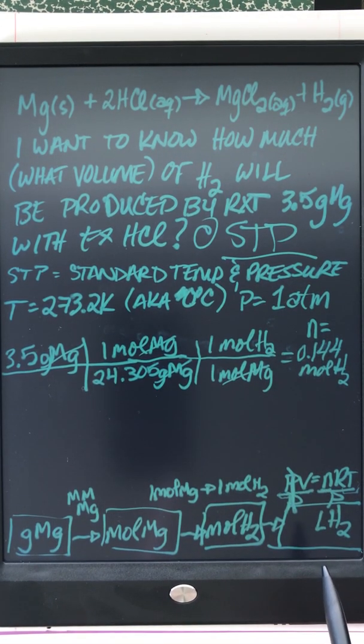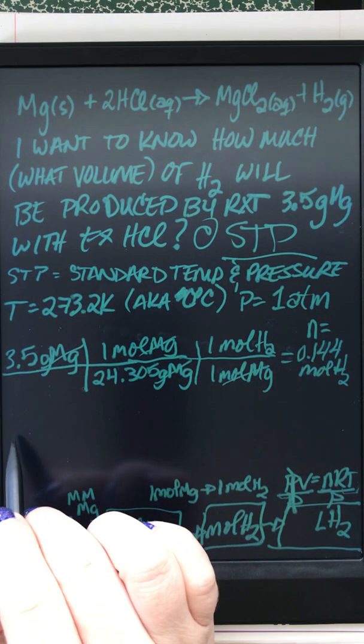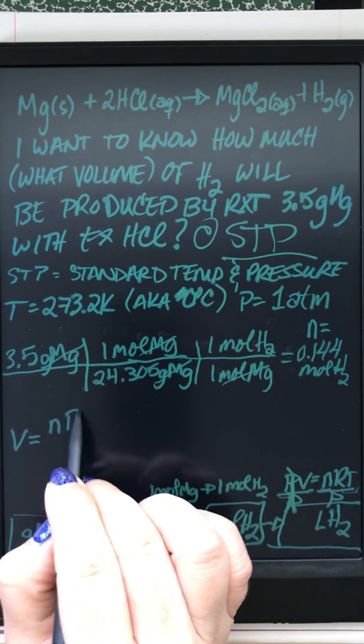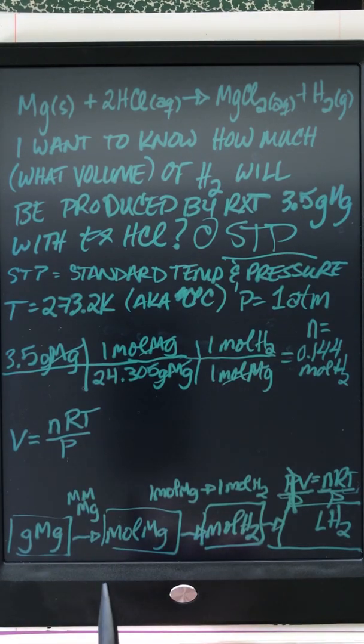That's what I mean by getting volume alone. Does that make sense, guys? So I'm going to rewrite that over here. Volume is equal to nRT divided by P. Does that make sense, guys? Cool.